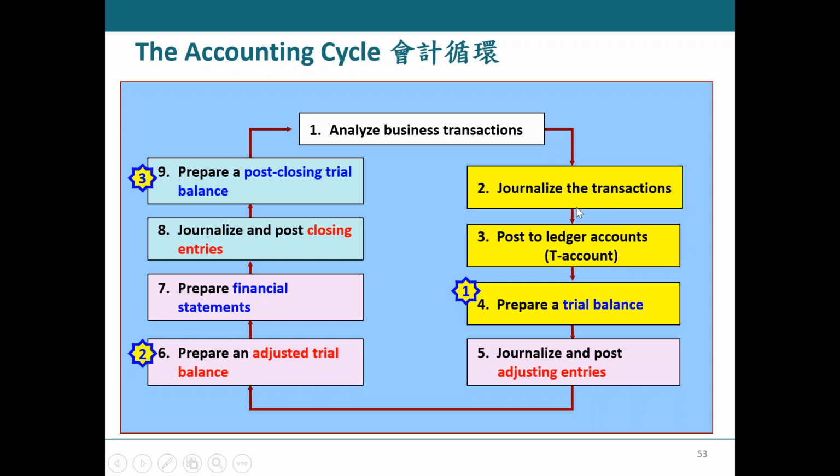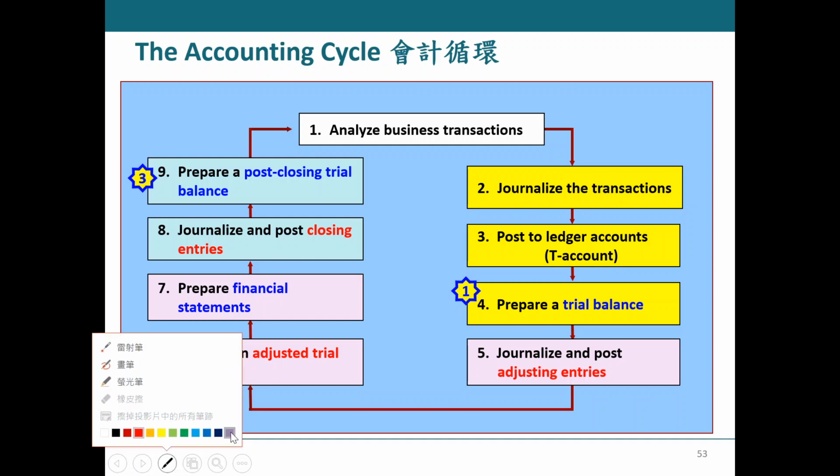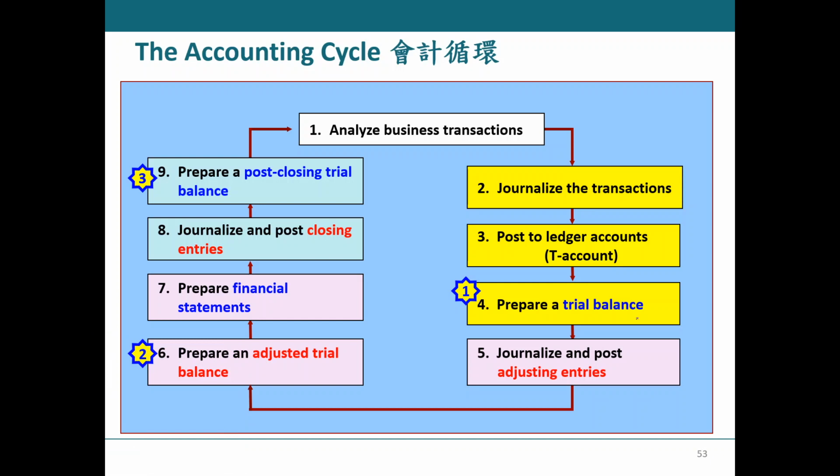So this is what we have from chapter 1 and 2. This is your first accounting book. Record on your second accounting book, so that's post to T account. This is your second accounting book.